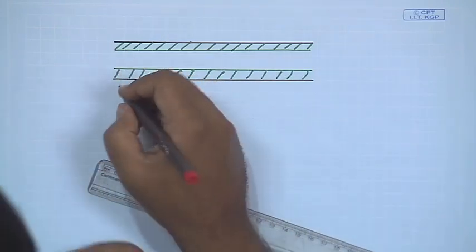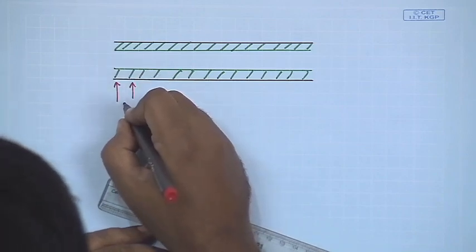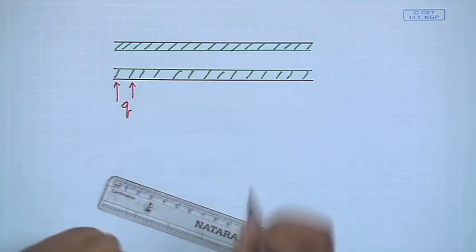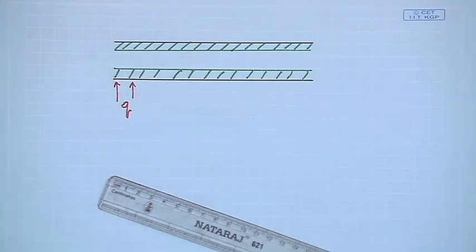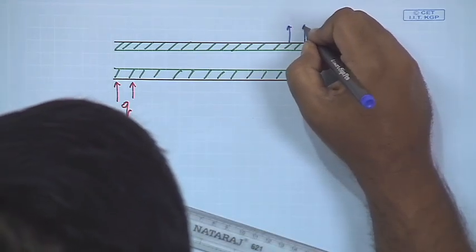On one end, I am supplying heat, and let us, using the normal nomenclature, use the symbol Q, and on the other end I am extracting that heat out.